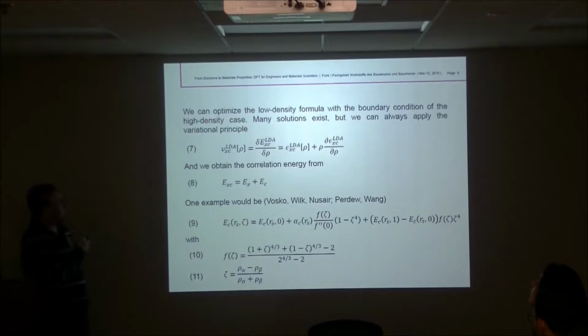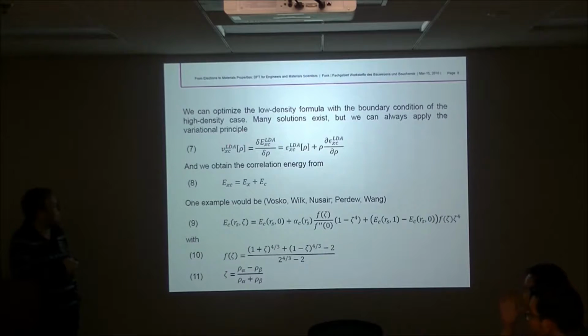But we can still work. I mean, we had a series expansion for the low density case. So we can just use this expansion and set some boundaries. First thing is minimum density is 0. Next thing is maximum density is 1, and when we have 1, we have the high density case. So we have some boundaries. There are many solutions.